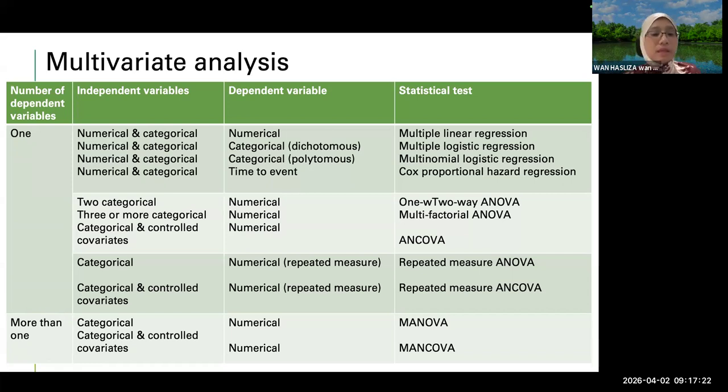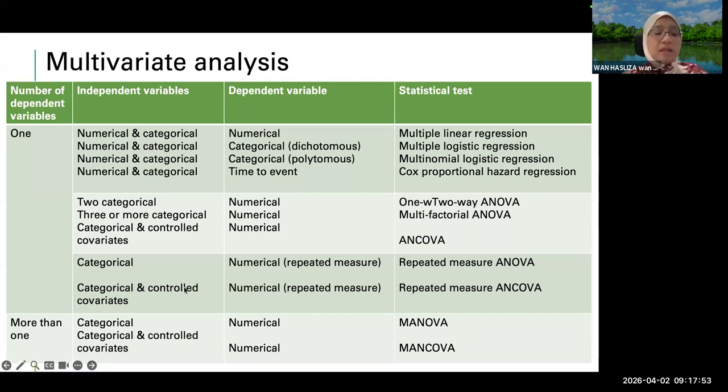More than one, it doesn't matter, three, four, and so on. So if I have categorical independent variables and more than one dependent, blood pressure and at the same time heart rate, the suitable statistical test is known as MANOVA. If I have the presence of covariates, meaning I want to control for them, the test becomes MANCOVA.